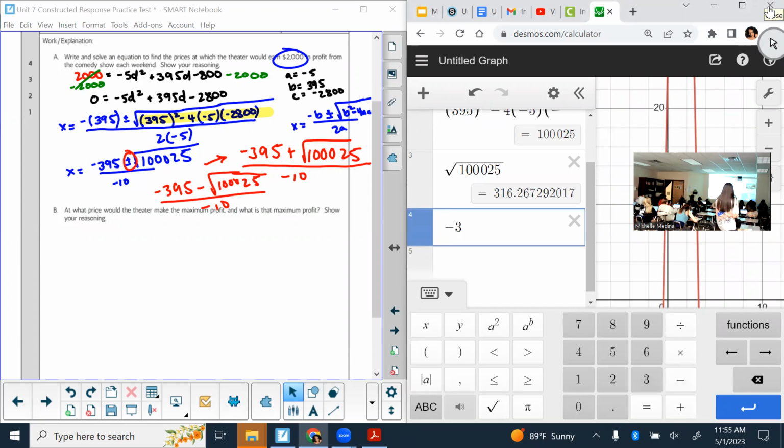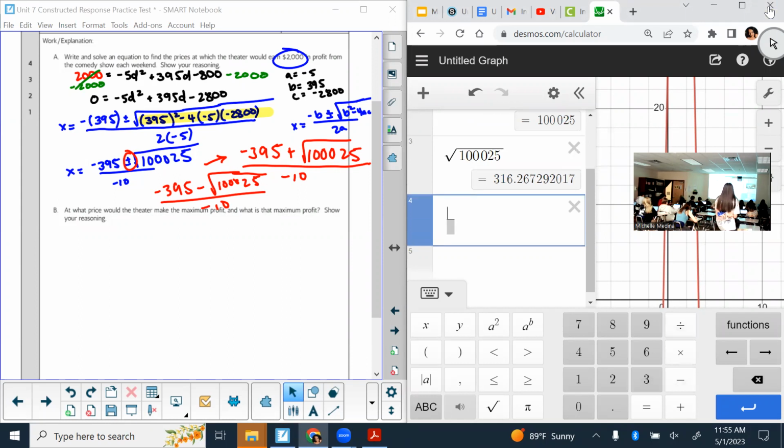And if one of the answers doesn't make sense, then don't worry about that answer, but let's see if it makes sense. So -395 plus square root of 100,025. Oh, I put too many zeros. Right, 1, 2, 3, okay, good. Over -10.